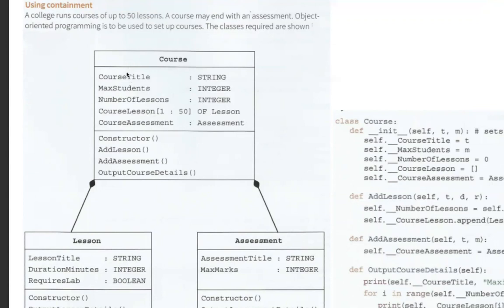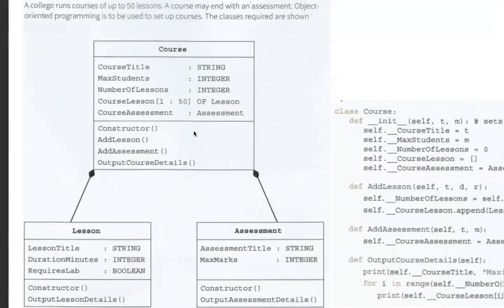Now, as you can see here, course title, max students, number of lessons, they were all built-in data types, string, integers, so on and so forth. But course lesson is an array of a type lesson, and course assessment is a separate attribute of type assessment. What that says is that lesson and assessment are separate user-defined types.